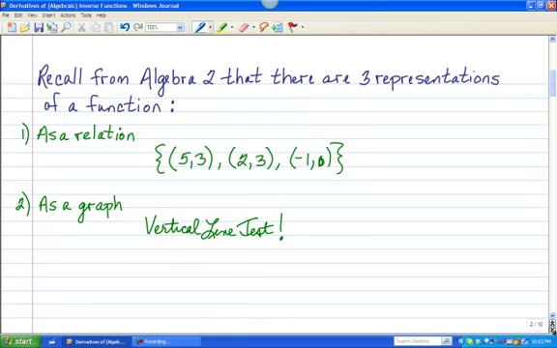Hopefully that sounds familiar to you. And finally, it can be represented as an equation. So, for example, a simple quadratic function such as x squared minus 4.